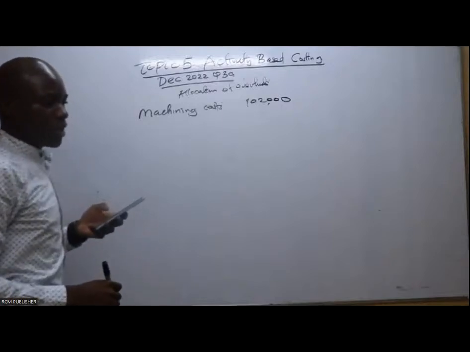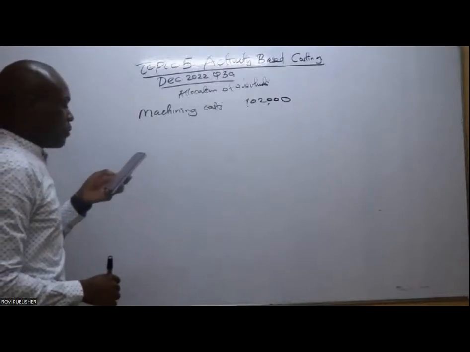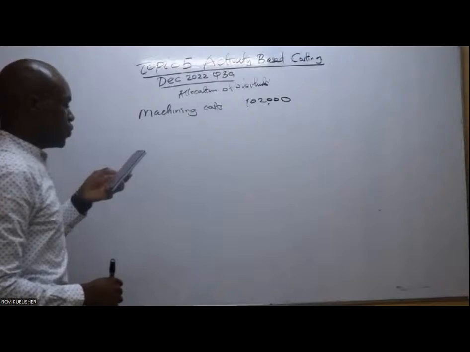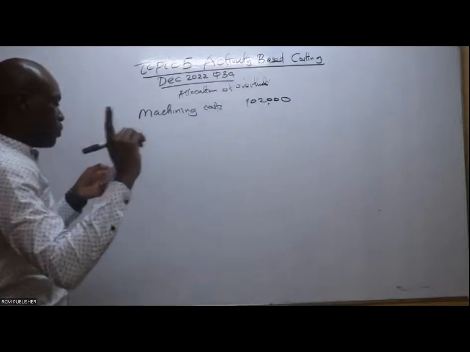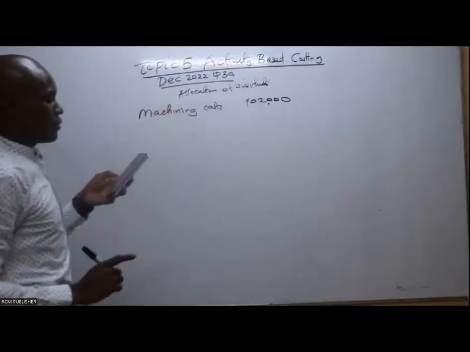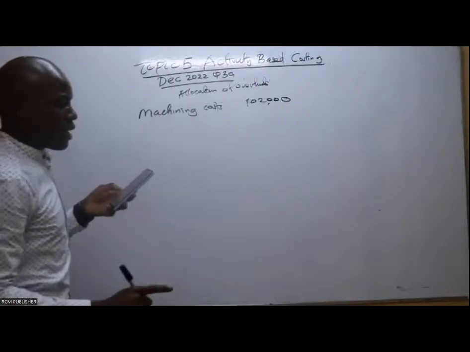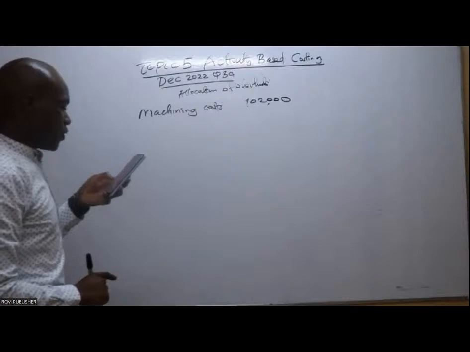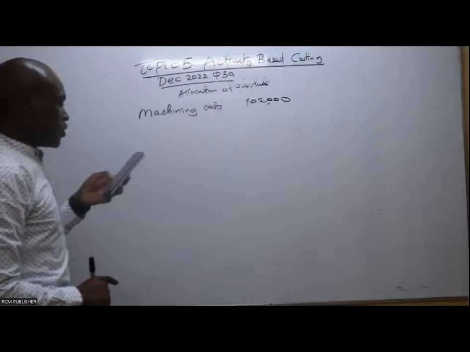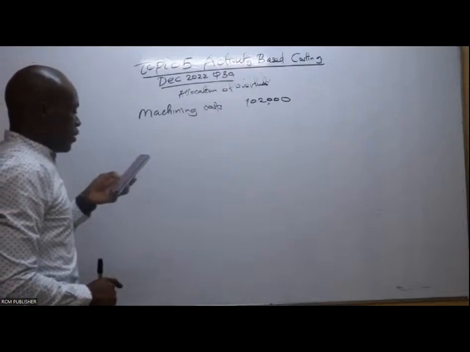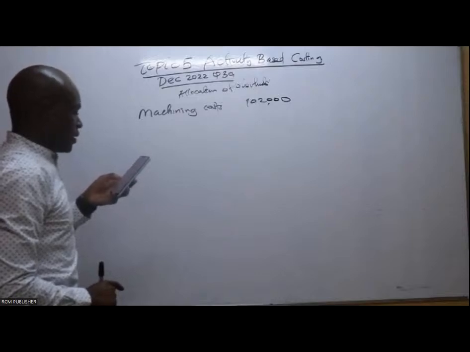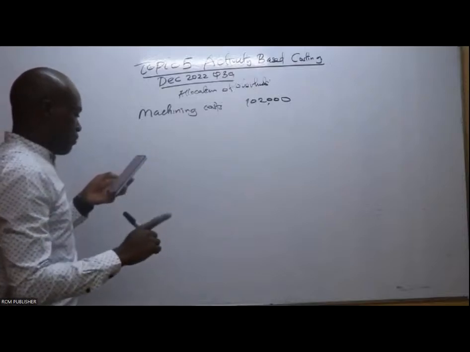But let me demonstrate the first one. Machining cost, we have 102 as the total. Allocation basis is machine hours. We are allocating it to T, Q, and M. Let's move down to the information on cost driver and look for machine hours, because that's the allocation basis.